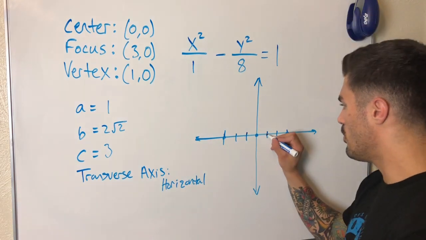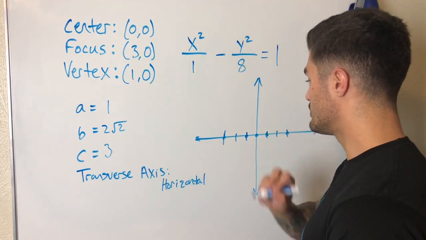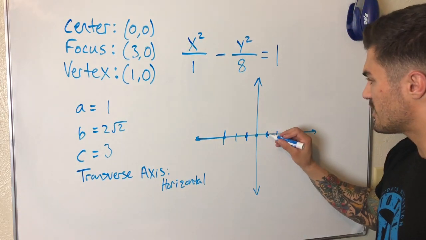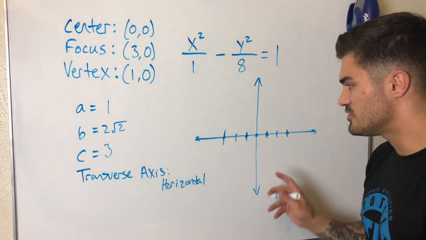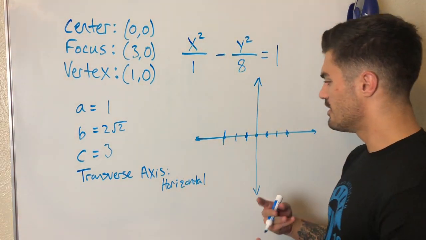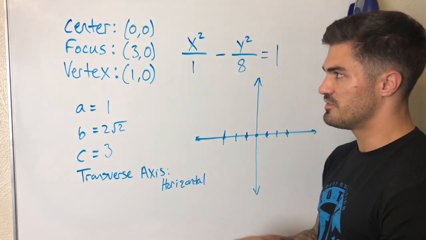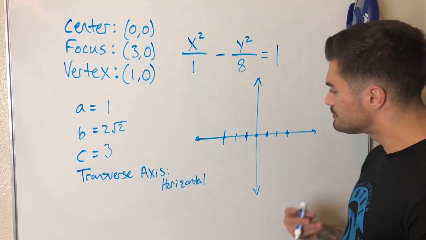So my vertex is at 1, 0, and same thing, that means I have a vertex at negative 1, 0. So my vertex kind of determines, I kind of have 2 parabolas opening up opposite ways. That's what the hyperbola looks like. These are just vertices of each sort of parabola.